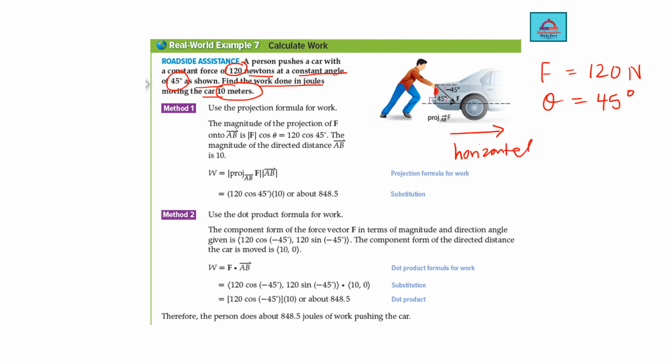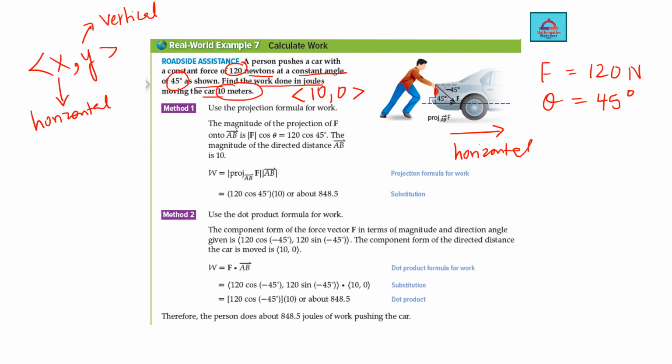So if you want to write this vector, it will be 10 comma 0. I hope this is clear to you, because we always write x comma y. This is the form of a vector where x is the horizontal component and y is the vertical component. So there is no vertical component. The car is only moving on the road, so it only has a horizontal component. That's why the vector is 10 comma 0.